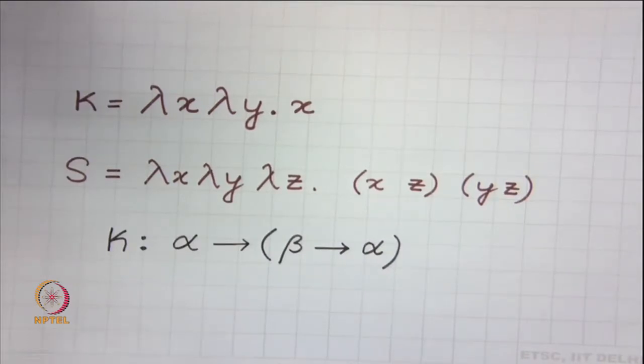Now, what is the connection between this K and this K? The types are the same. There is an isomorphism on the type structure, which is like propositional.